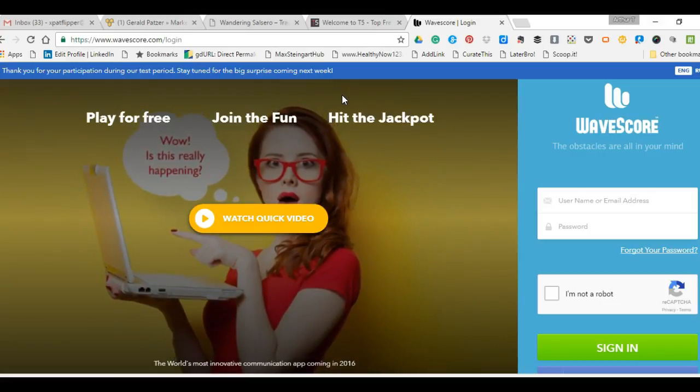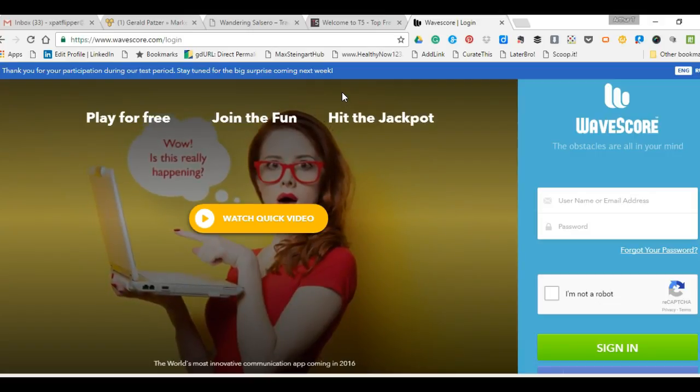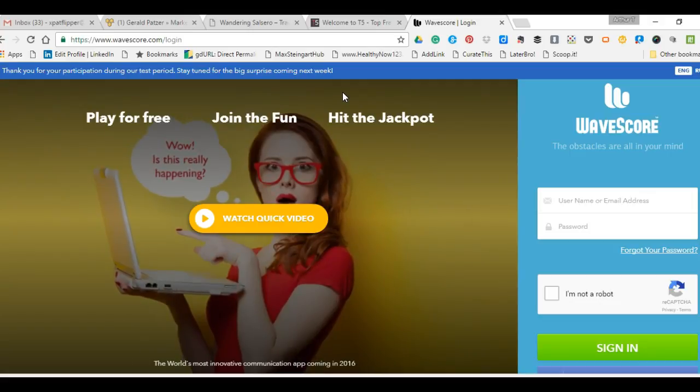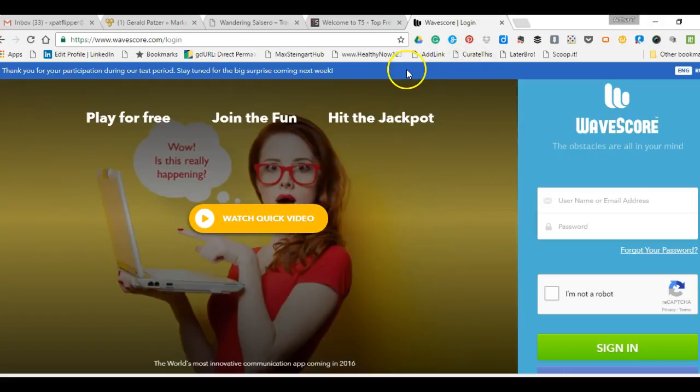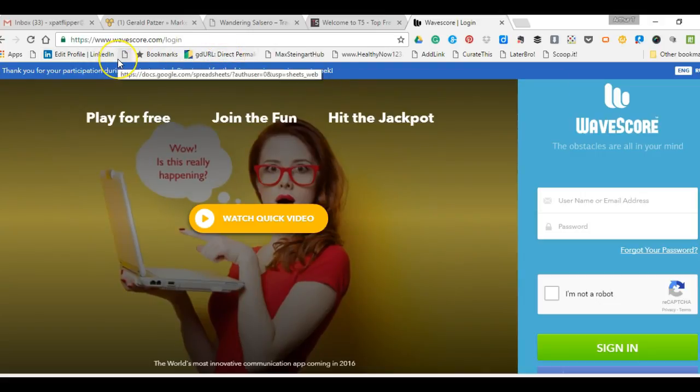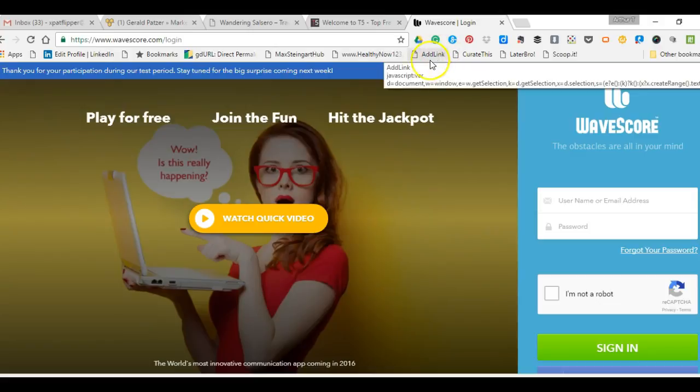Now the other type of banner that will appear is banners that just have a graphic. Frequently there'll be a person over on the right-hand side of it, and then over on the left-hand side you'll see some essentially ad copy, something about Wavescore or how much fun it is. There'll frequently be a person in it, although not always.